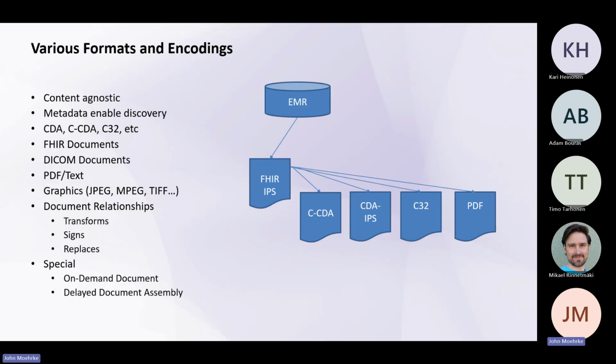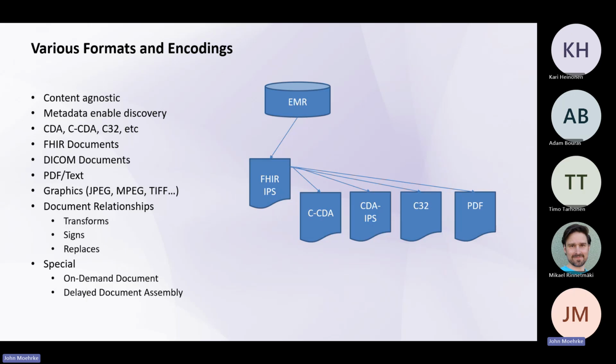And then under special, I mentioned on-demand documents before. On-demand is used usually with things like medical summaries, where I can give you a fresh copy of this if you ask for it, but I do also have the previous ones I handed out. They're over here with a relationship. There's a delayed assembly special case as well for things like discharge summaries, where at discharge an entry could be recorded that says, I can make a discharge summary, but I'm not going to make one if nobody wants it.